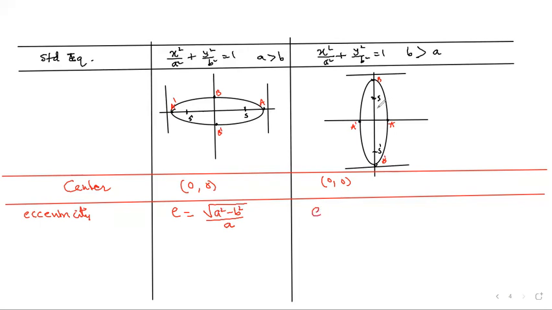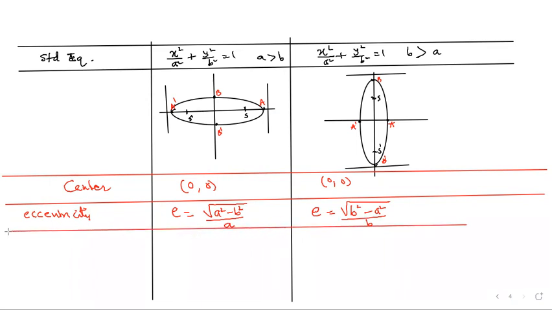Can you guess, here b is greater than a? So what will be the formula for eccentricity here? Under root b square minus a square upon b will be. That means all a will become b and all b will become a. Is it fine? Yes, sir. Okay. Then after eccentricity, next comes foci. Coordinates of foci: they are on the x-axis, so y coordinate will be 0.